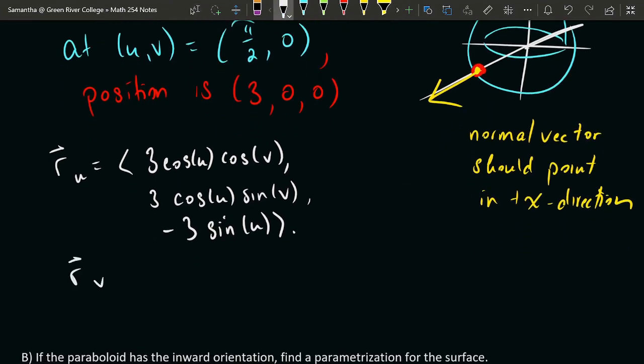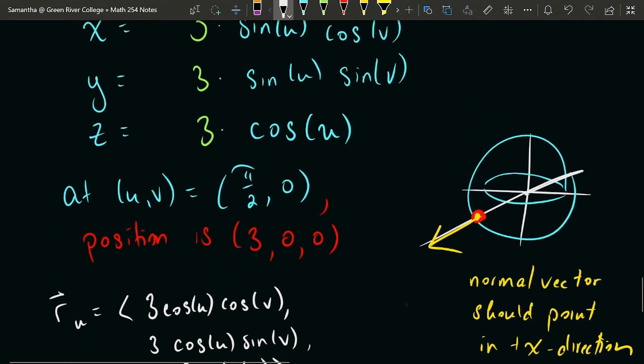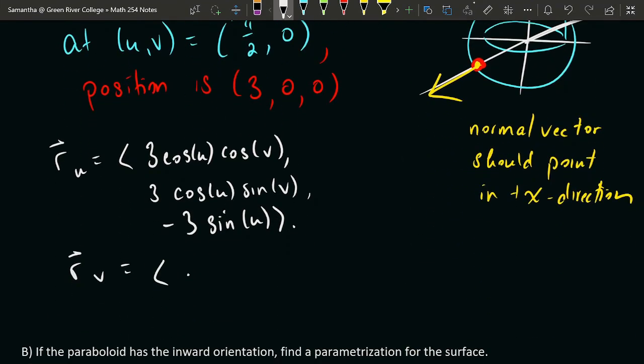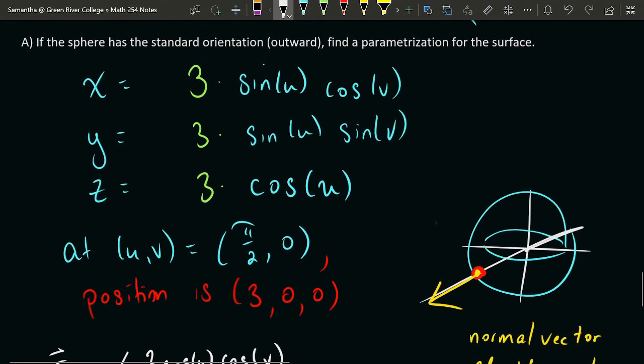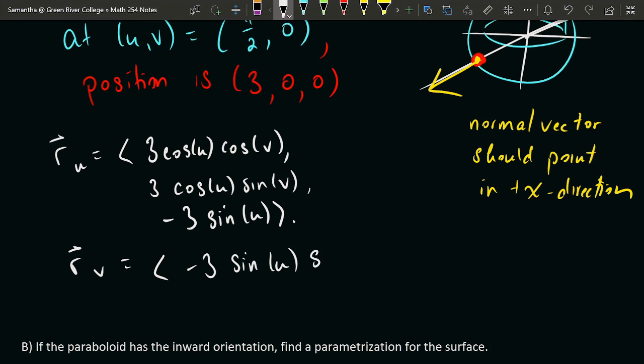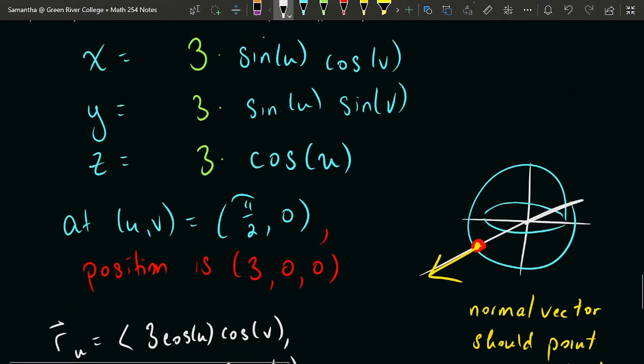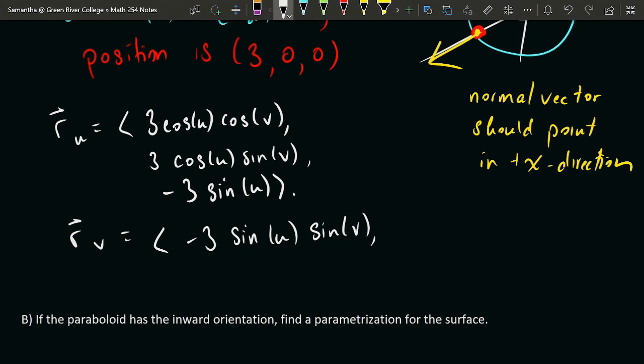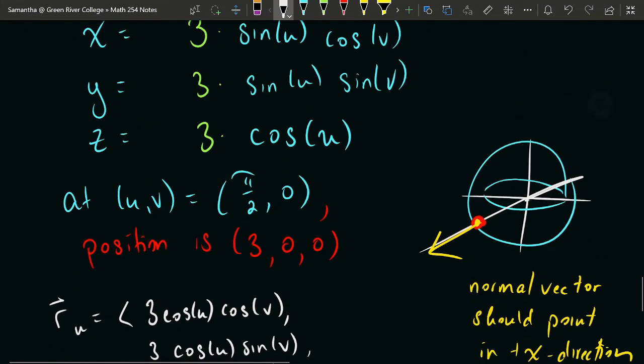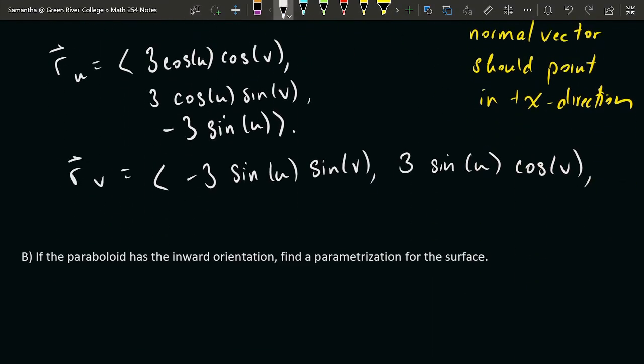The partial derivative with respect to v will be equal to negative 3 sine u, and that cosine v in the back will become sine v. If I take the partial derivative of the y component, it'll become 3 sine u cosine v. And because the z component has no v's in it, the z component will just zero out when you take its partial derivative.